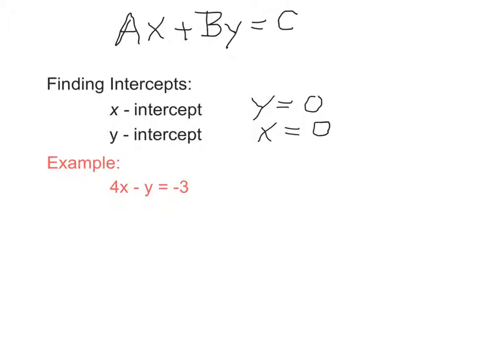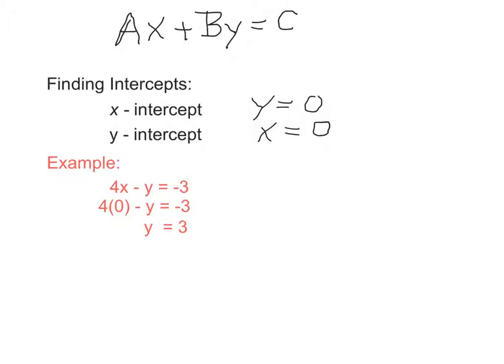Initially, let's look for the y-intercept. That's where x is equal to 0. If I plug in 0 for x, I've got 4 times 0 minus y equals -3, which gives y equals 3. So y equals 3 is the y-intercept.